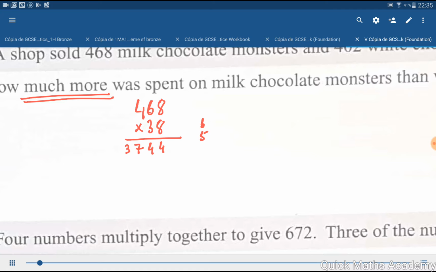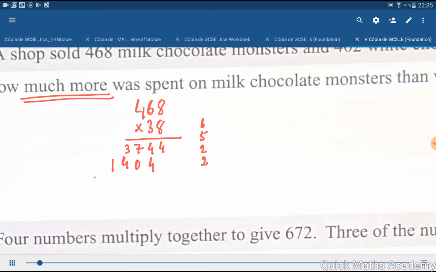Okay. Now 3 times 8 is 24, and I have a spare 2. 3 times 6 is 18, with 2, 20, and I have a spare 2. And 3 times 4 is 12, with 2, 14.